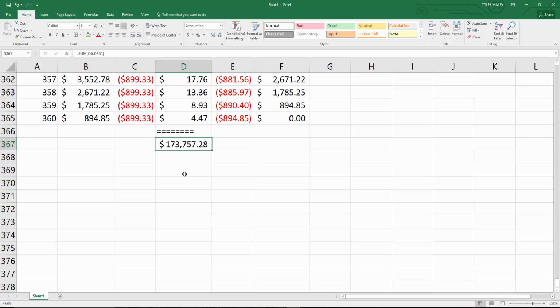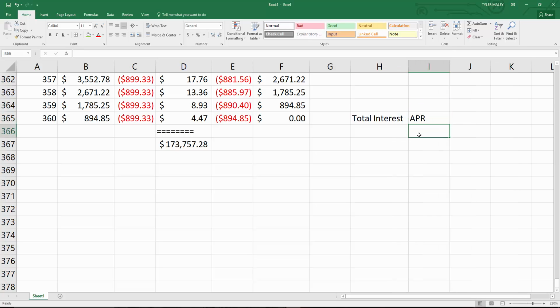$173,757.28. So then we're asked, if we lower the APR to 5%, how does this change? So let me make a table over here. We'll do total interest and then APR.